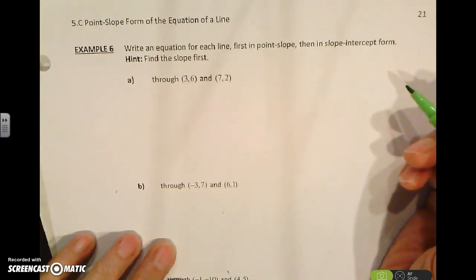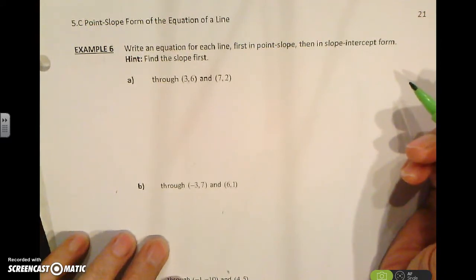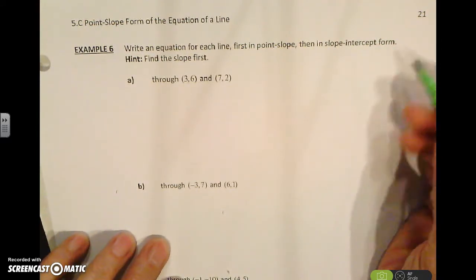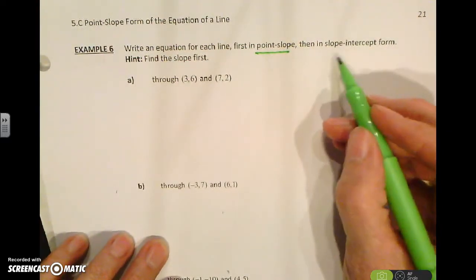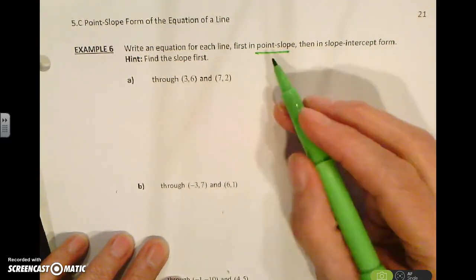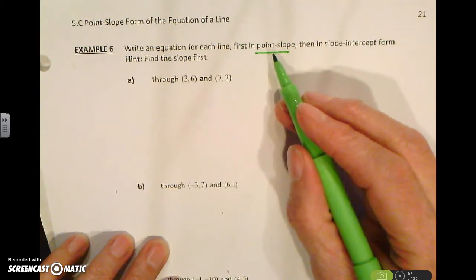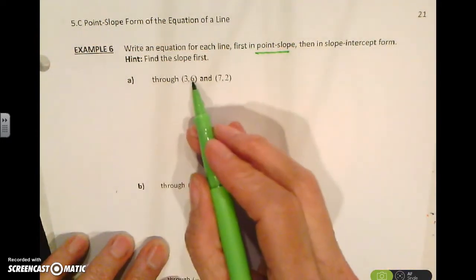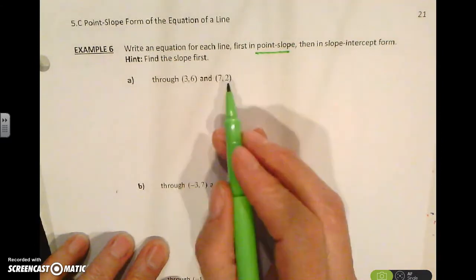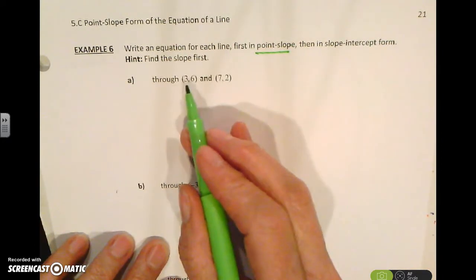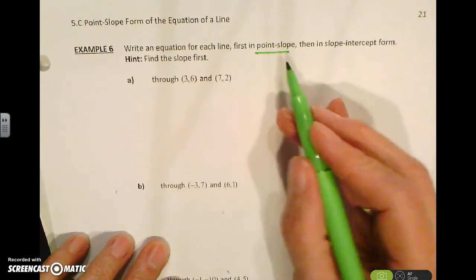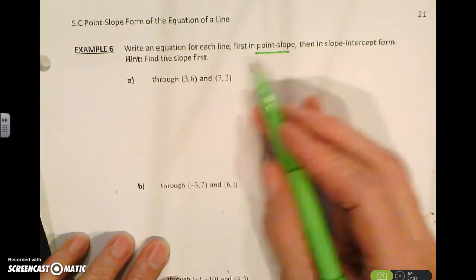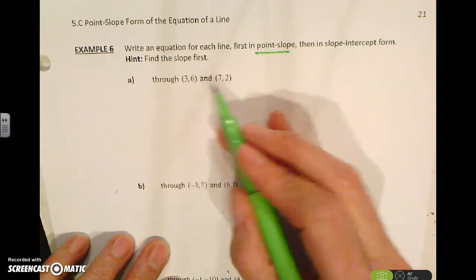In example 6, we're going to write an equation for each line. First, we're going to write it in point-slope, and then we're going to change it to slope-intercept form. So point-slope means that I need to have a point, and you can see in example A, I've got actually 2 points, so I can choose either one of them. It doesn't matter which one I choose. But I also need to have the slope, but I see that that was not given to me.